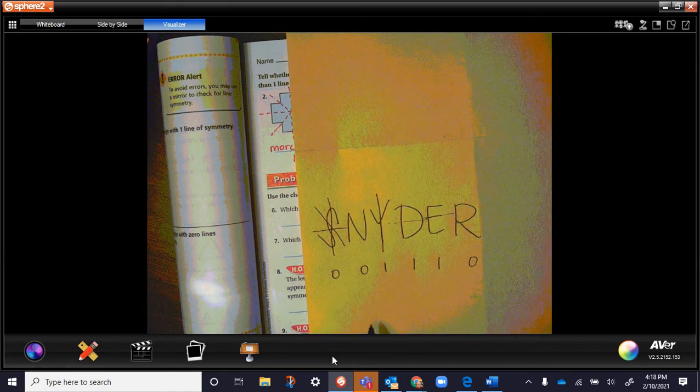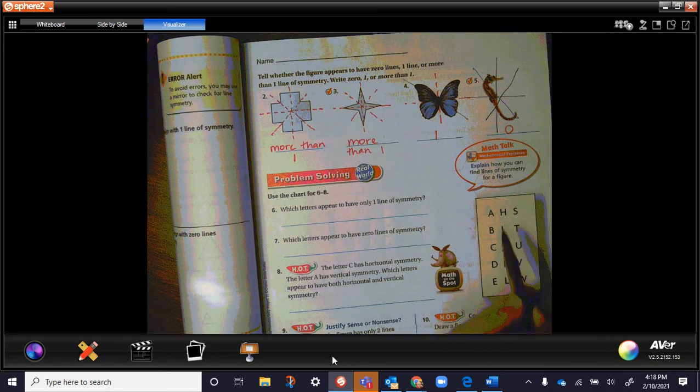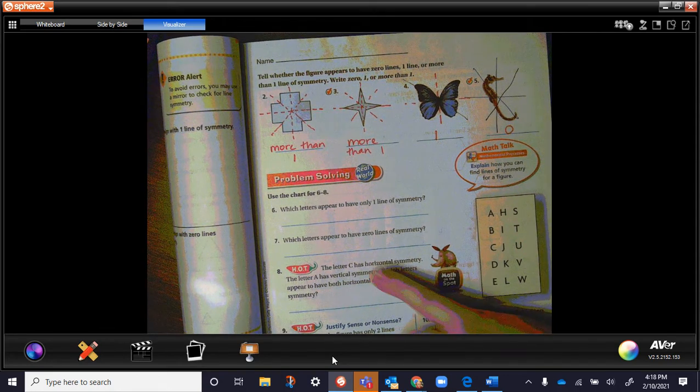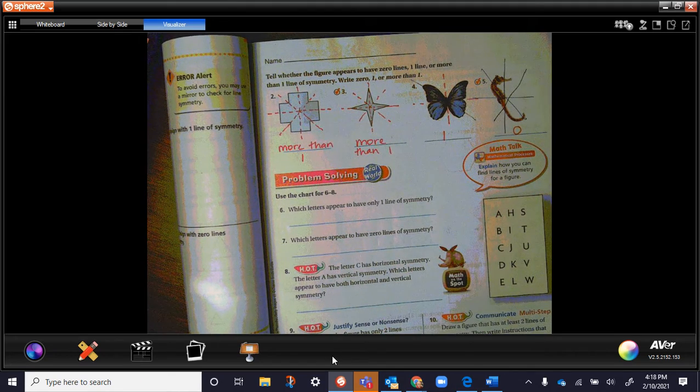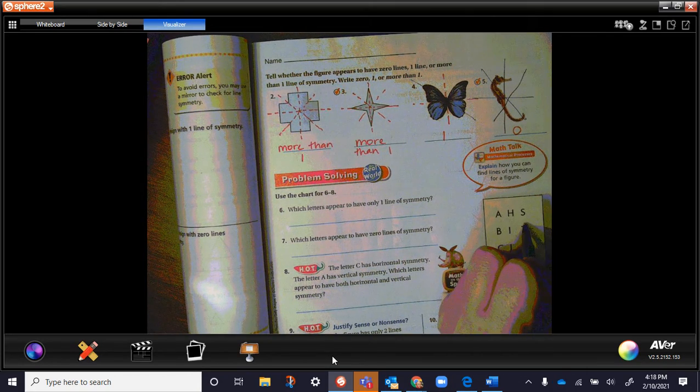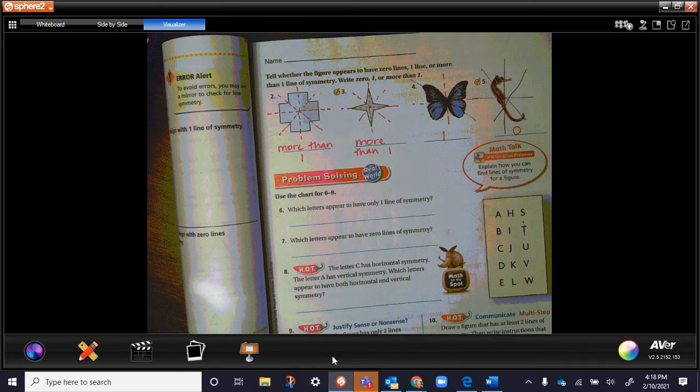So you can use letters, like how this one has all the letters here, and you can find out if they have those lines of symmetry. If you're looking for something that only has one line of symmetry, then you can only do a vertical, or only a horizontal, or only a diagonal. For example, the letter T, if you draw that vertical line down, that's 1.